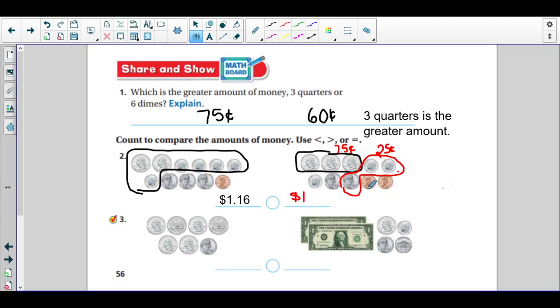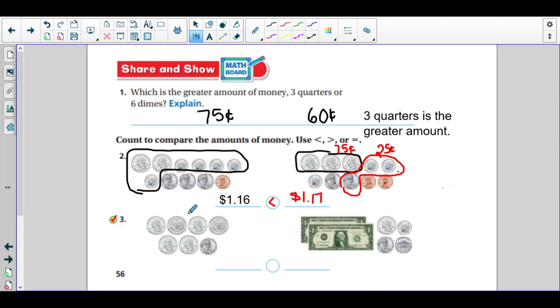Okay. So now what am I left with? Let's see, $1, then I've got 10, 15, 16, 17. All right, so a little trick there. Try to arrange your coins so that you can get to even dollar amounts. And clearly right here, $1.16 is less than $1.17.